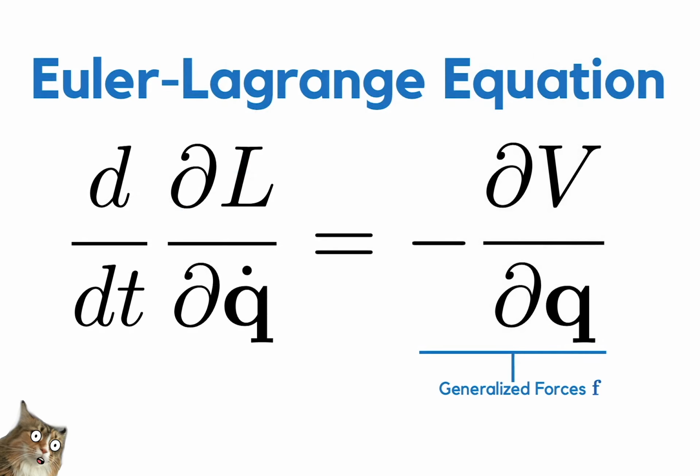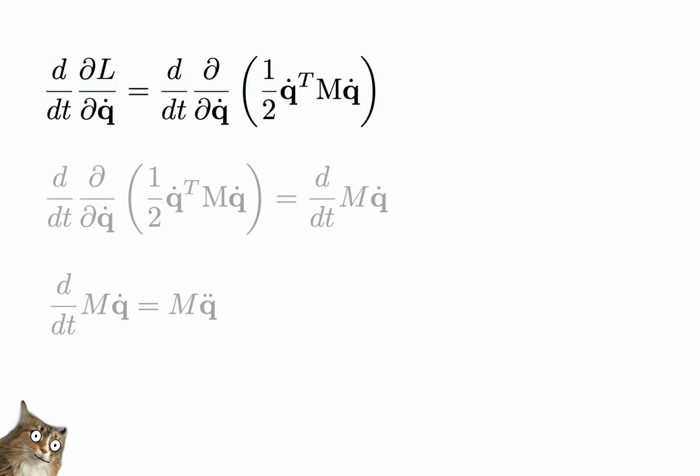And we continue with our greatest hits. The Euler-Lagrange equation returns. Again, we'll discuss computing the generalized forces in a bit more detail later on, but to get started, let's work on the left-hand side here. Now, no one is going to blame you if you are starting to have a feeling of déjà vu.